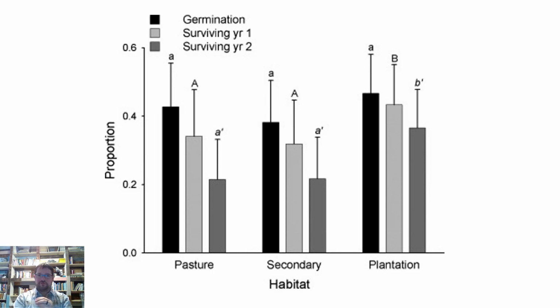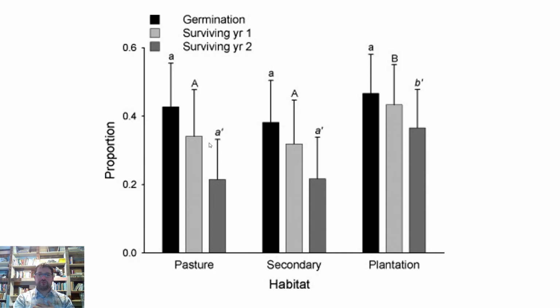Okay? So a little bit higher. That's not the biggest deal. The biggest deal is when we start looking at survival rates. Okay? When we look at survival rates in pastured regions or secondary habitat regions, it varies. Sometimes they're genetically modified seeds that are being put on that landscape. Sometimes it's germination or establishment by seed trees or shelterwood.